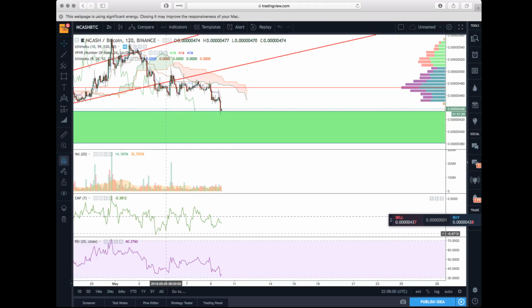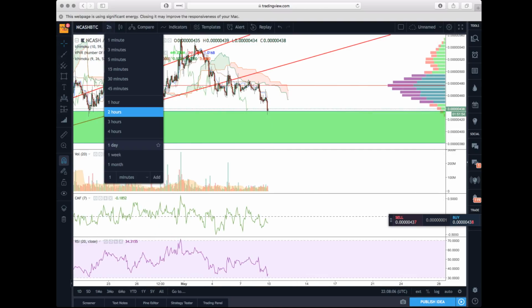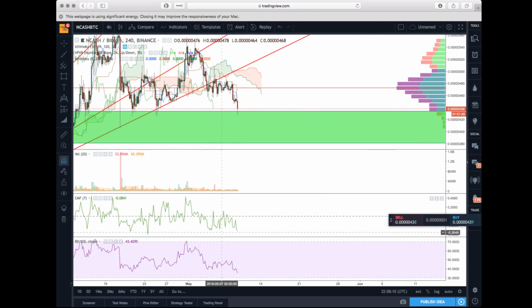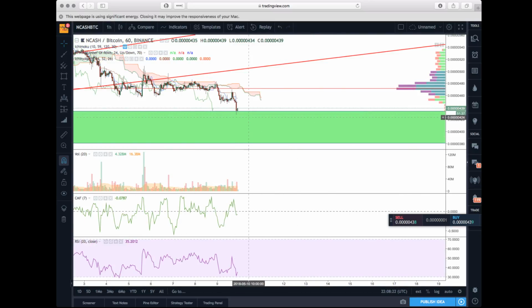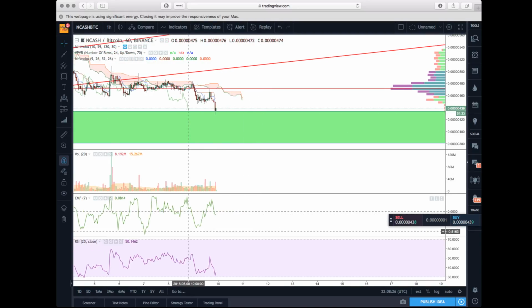So that is a divergence on the CMF on the 2 hour. But on a longer time frame, not really seeing that much. So yeah, it looks like we're getting some amount of bounce here. So it's interesting to see what happens on this bounce.